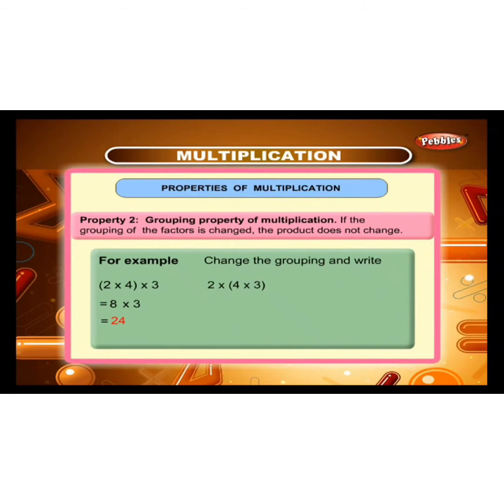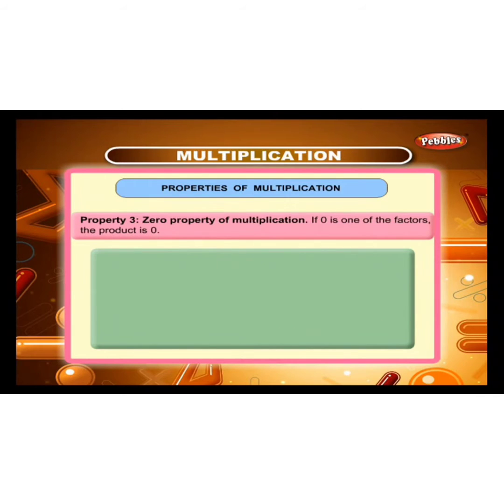Change the grouping and write 2 into 4 into 3 is equal to 2 into 12 is equal to 24. Therefore, 2 into 4 into 3 is equal to 2 into 4 into 3.